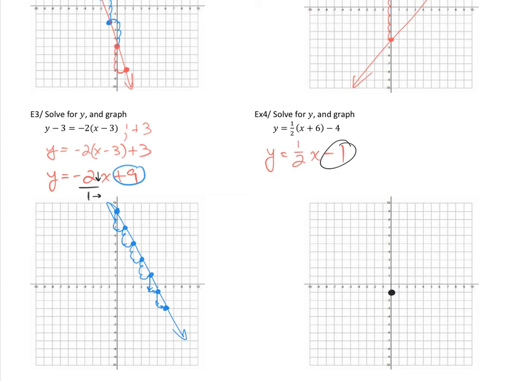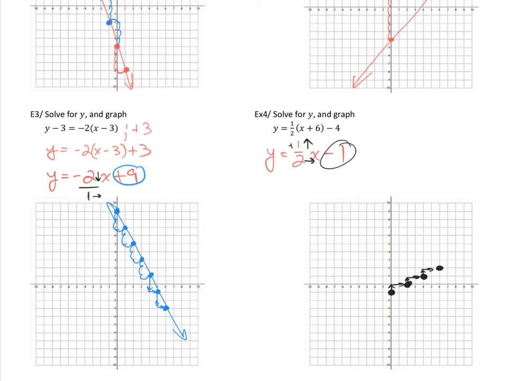And then for the slope, the top number tells you how far up or down you're going to go, and the bottom number always tells you how far right you're going to move. Since it's a positive 1, I'm going to go up 1 unit and then right 2 units. Up 1, right 2. So down here I'm going to go up 1, right 2, plot a point, up 1, right 2, plot a point, up 1, right 2, plot a point.